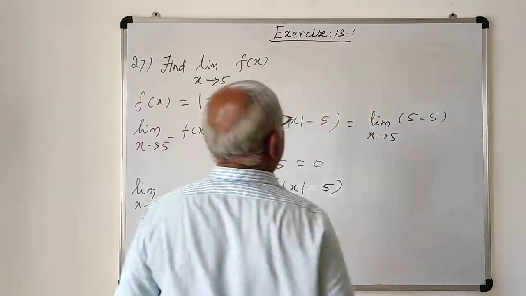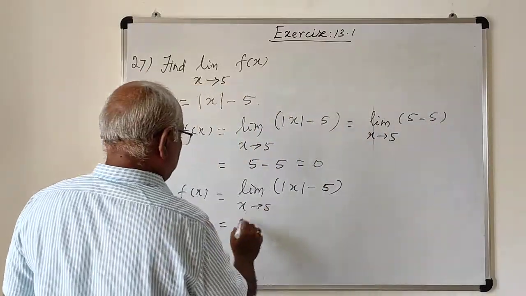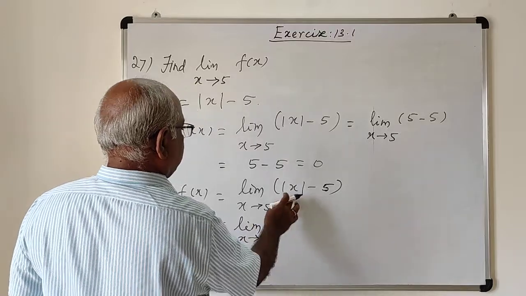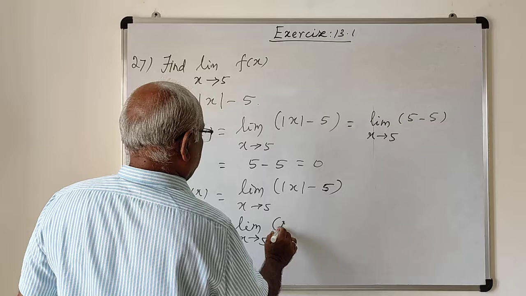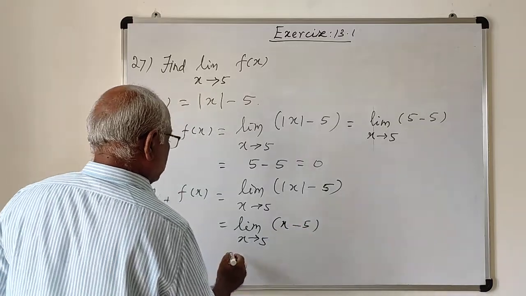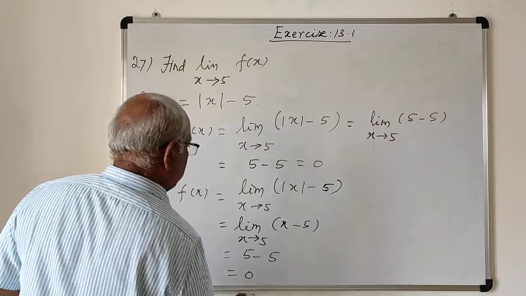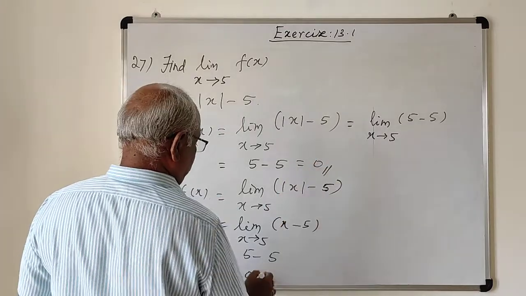So that is 0. Similarly, here also limit x tends to 5, mod x is greater than 0. Therefore, this is x minus 5. Here also you get 5 minus 5, you will get 0. Therefore, the right limit will be equal to the left limit.